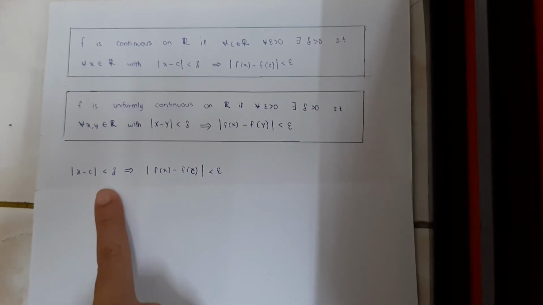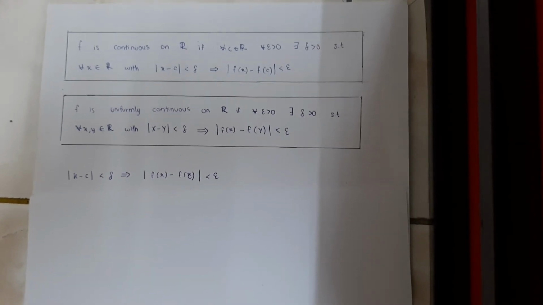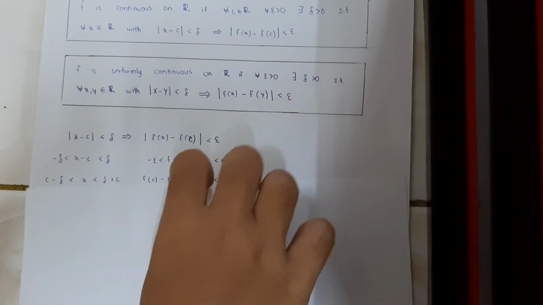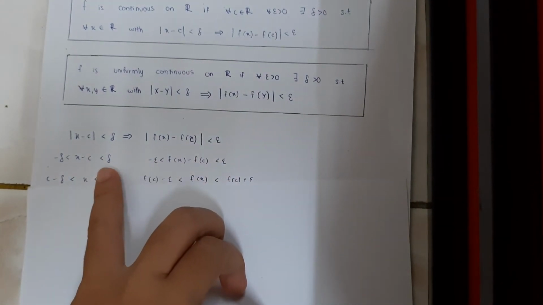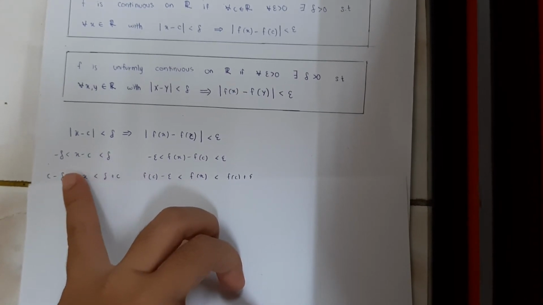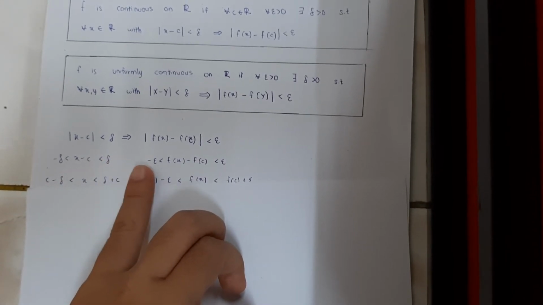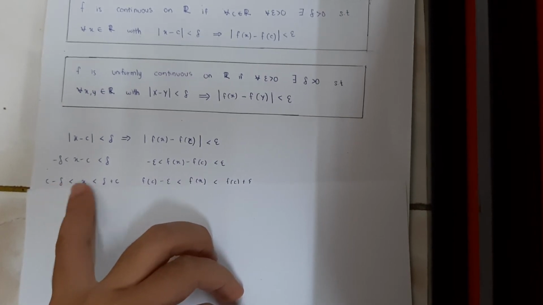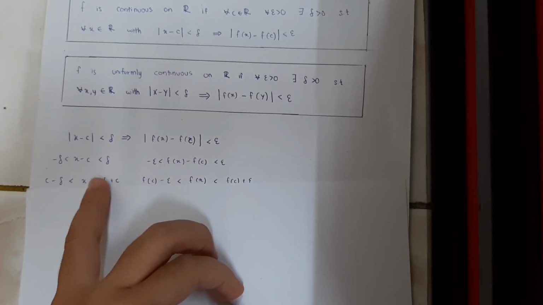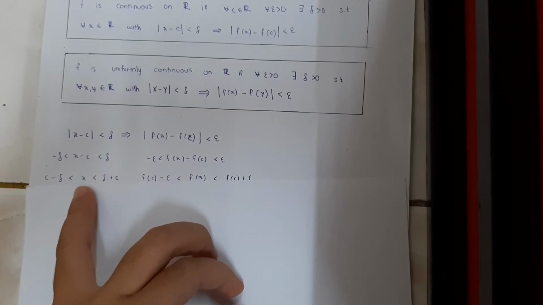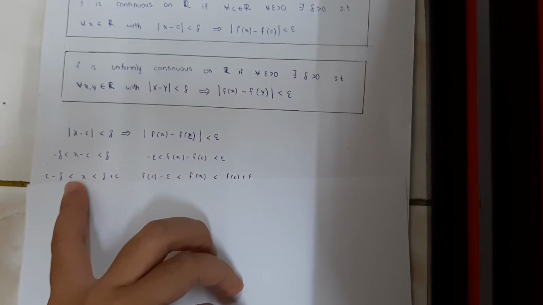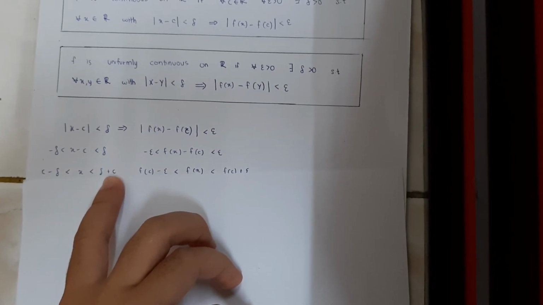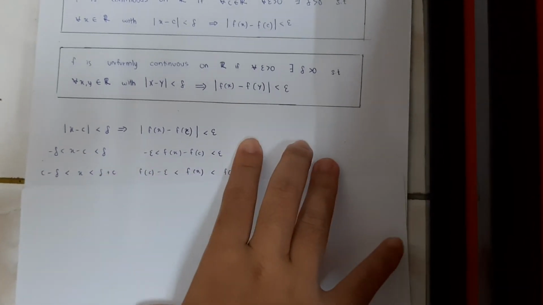So we open the absolute value. So we get x minus c is greater than negative delta and less than delta. So we add c to every part. So we have x is greater than c minus delta and less than c plus delta.